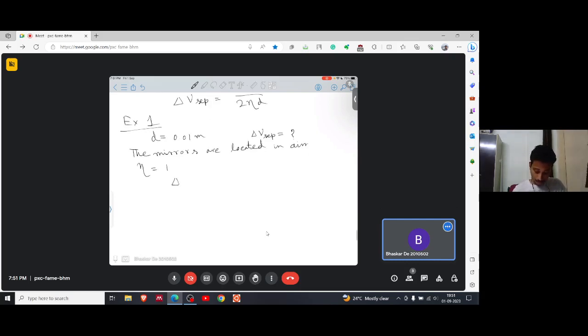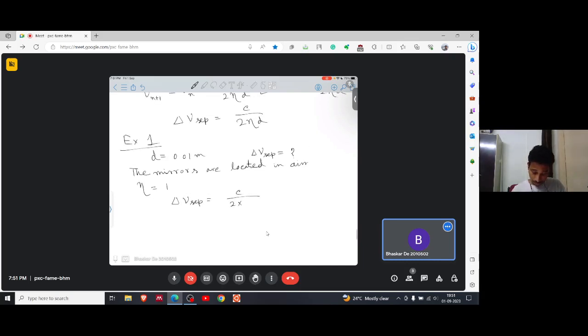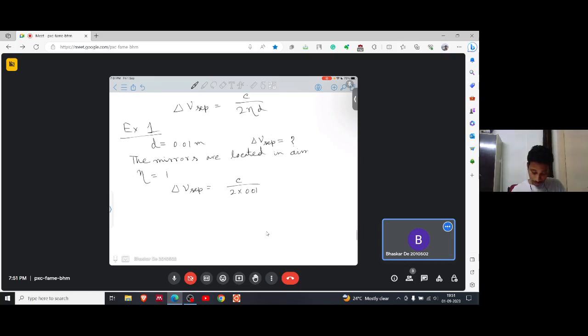So now delta nu equals c by 2 eta d, which is 3 into 10 to the power 8 by 2 into 0.01. This will be 1.5 into 10 to the power 10 hertz.